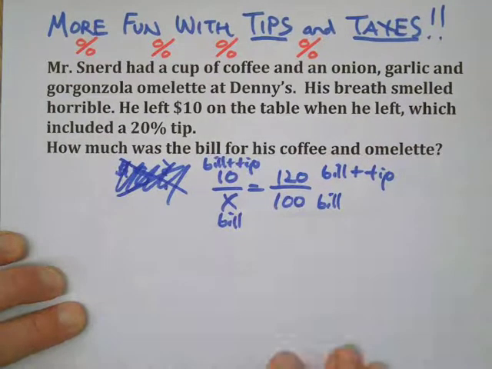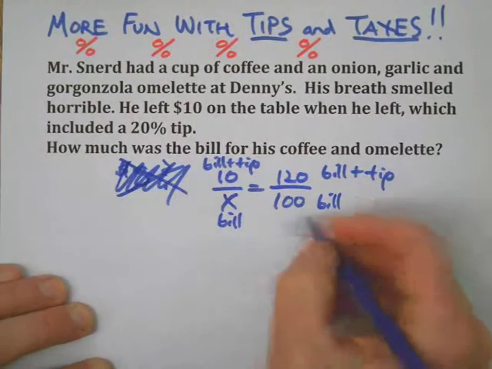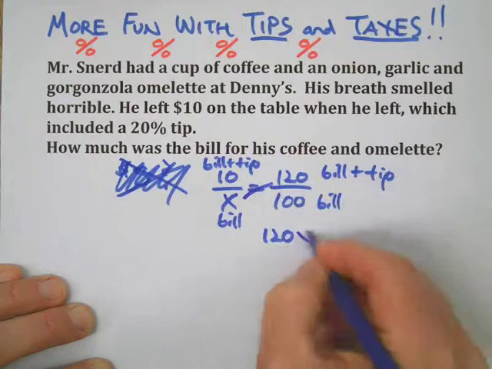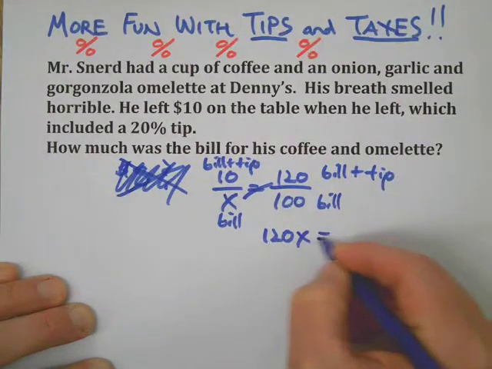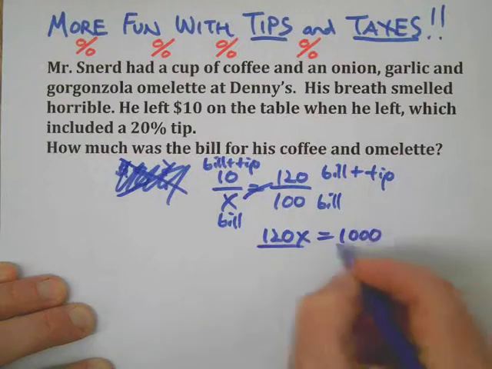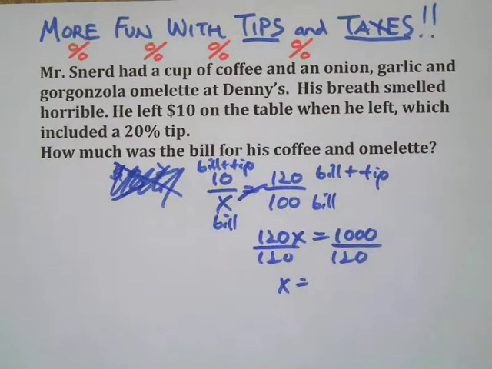So when we label everything, it's easy to see that that's how we would set up and solve a proportion for this one. So let's go ahead and do that. I'm going to cross multiply. I have 120 times x on one side, and I have 100 times 10 on the other side, which is 1,000. We're going to divide both sides by the coefficient of x.